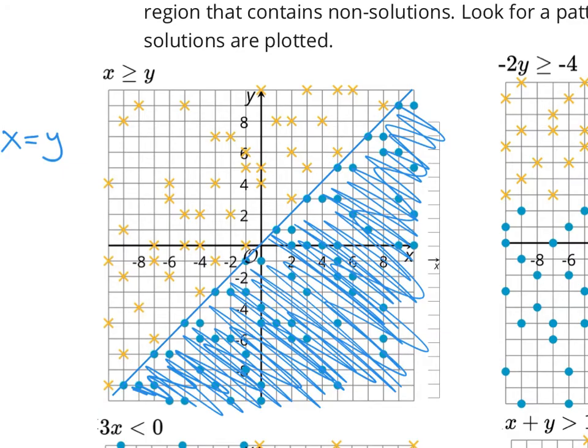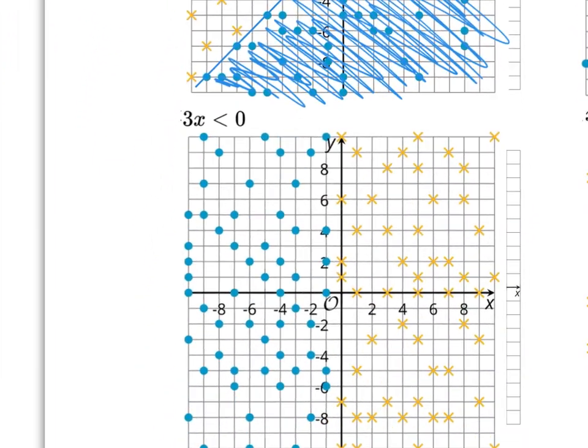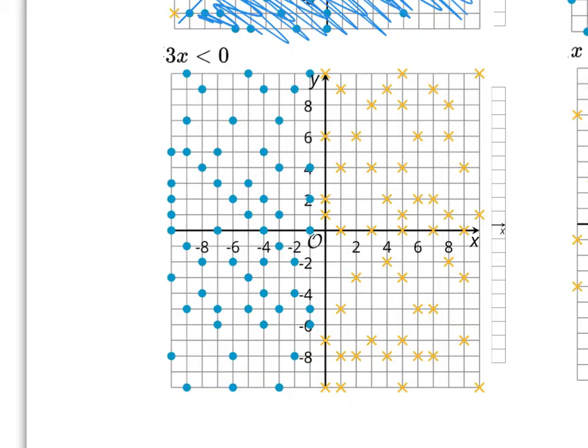All right, let's look at a different graph. Let's focus on 3x is less than 0. So again, you can see there is a segregation between the solid dots, which are solutions, and the x's, which are not. And there's an invisible boundary line that separates them. Let's treat this as if it was 3x is equal to 0.